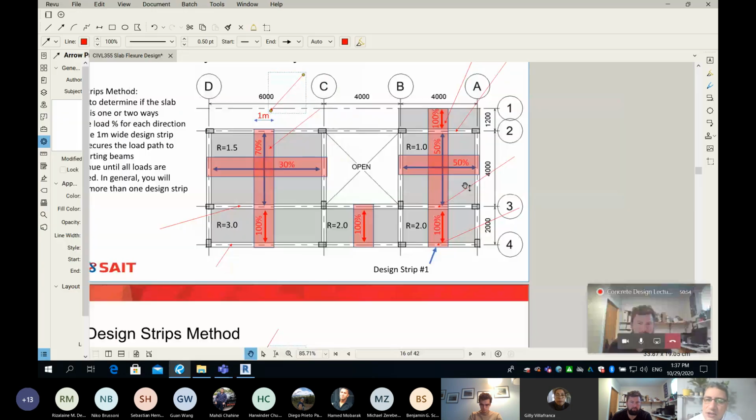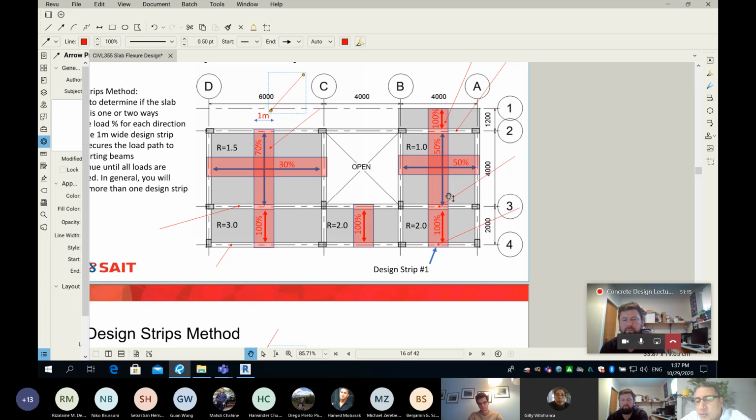Because you said that, I have to say something at this point of time. Guys, listen to me. You can take a 2-meter wide design strip. Probably it's going to be confusing in the beginning, but it will be clear later on. In this case, everything is multiplied by 2.